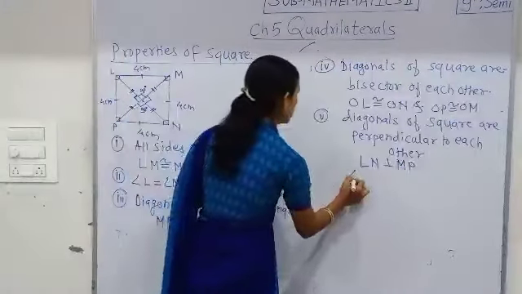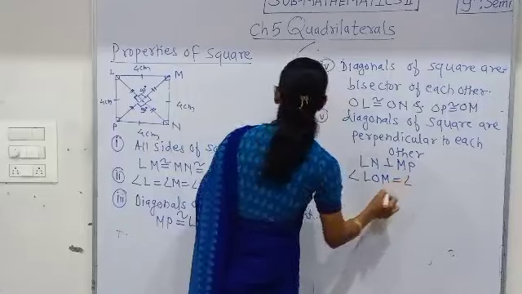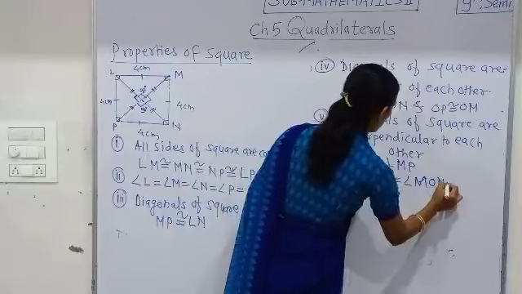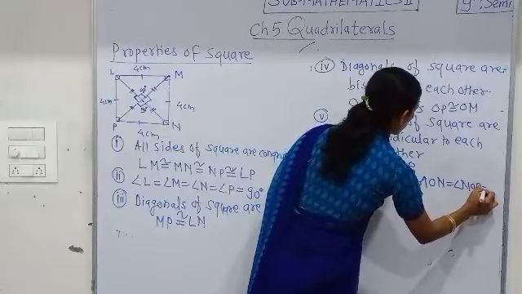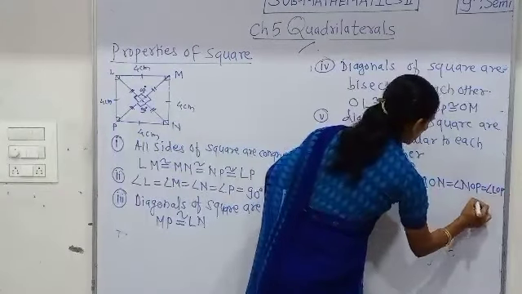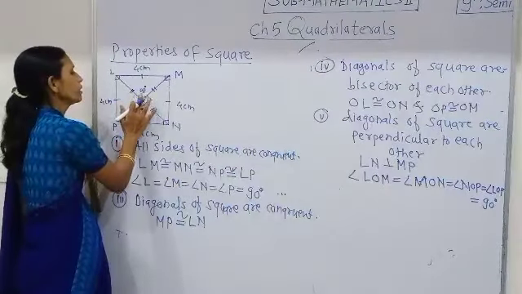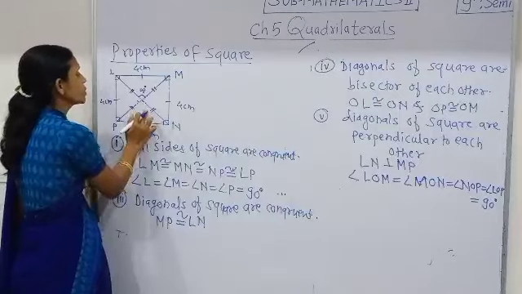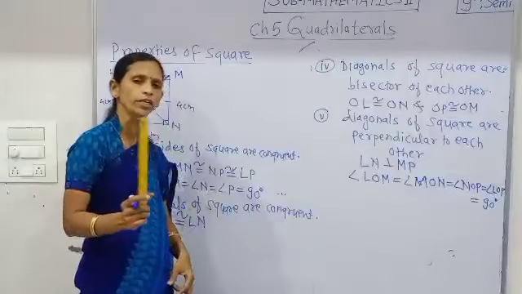That means angle LOM is congruent to angle MON, congruent to angle NOP, congruent to angle LOP, and each is 90 degrees. Those are the few properties related to the rectangle and the square, and you should solve the examples based on those properties from practice set 5.3.